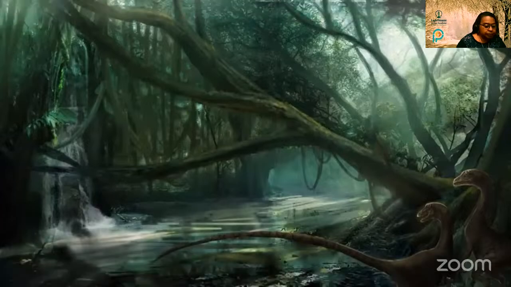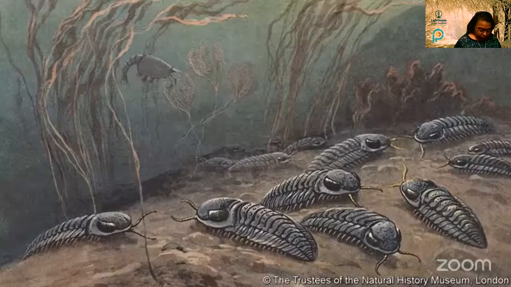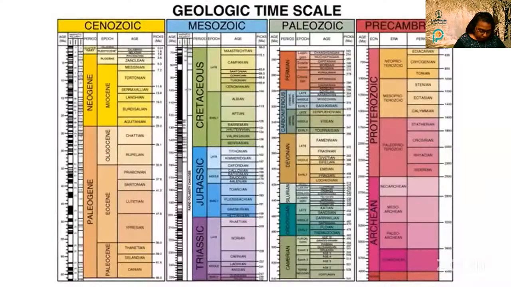The Jurassic period, the Cretaceous period, the Cambrian. At this point, you are probably aware that the entire history of our planet has been subdivided into numerous time periods.